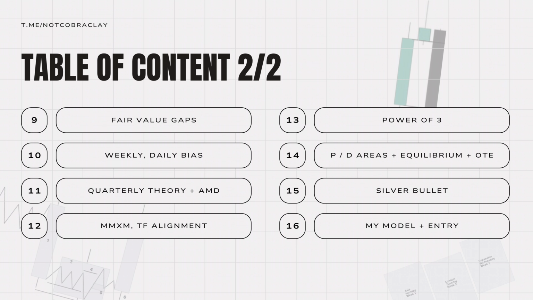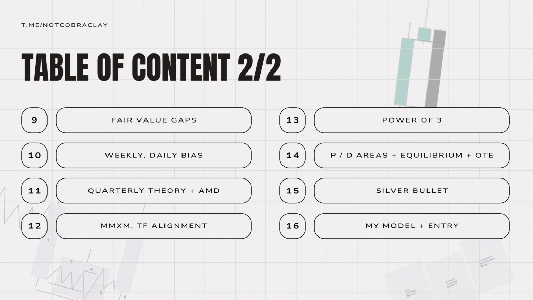and distribution, market maker models and the time frame alignment to the market maker models, which most of you have never even heard of because market maker models are correlating perfectly with their higher time frame outlook, key areas, and their lower time frame market maker models.